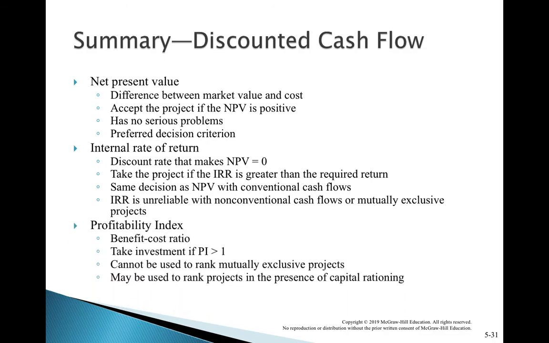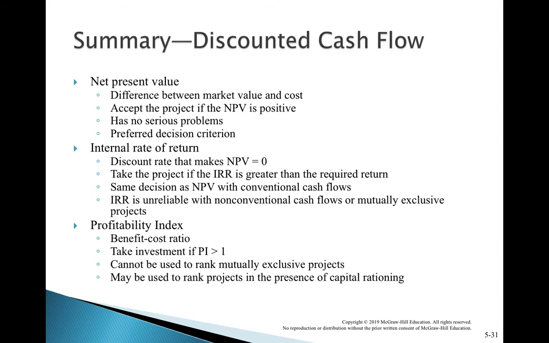Profitability index, benefit cost ratio we see here, because it is a ratio of what? The ratio of the present value of subsequent cash flows divided by initial investment, therefore cost benefit ratio. If the PI is greater than 1, accept, otherwise reject. Cannot be used to rank mutually exclusive projects, same like IRR. If there are mutually exclusive projects, PI might not be helpful.